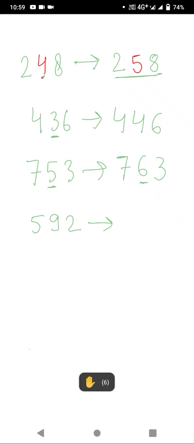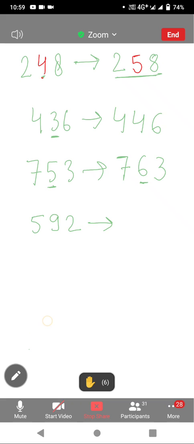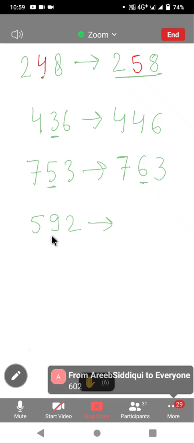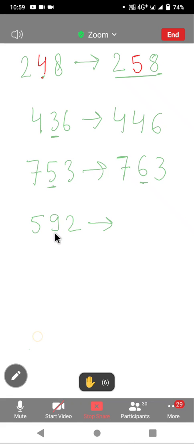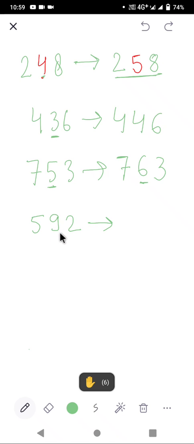I told you that if we are finding 10 more than, we will change only the tens place digit. But in this case, because it is 9, if we add 1 to 9, it will become 10. So for 10 we need to put 1 carry on the 100 place digit. So that's why it will be 602.